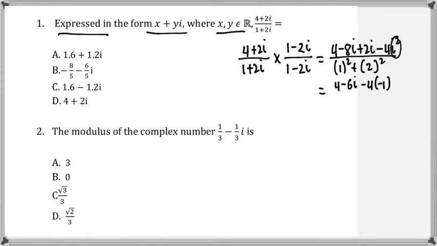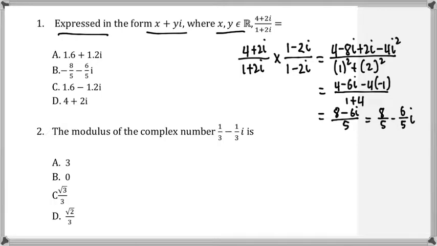Remember, i squared is the same as negative 1, all on 1 plus 4. So this here would be positive 4, and you could add that to the 4 here, so it would give you 8 minus 6i on 5, which is the same as 8 on 5 minus 6 on 5i.